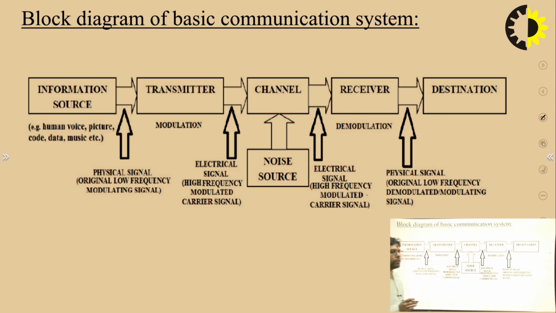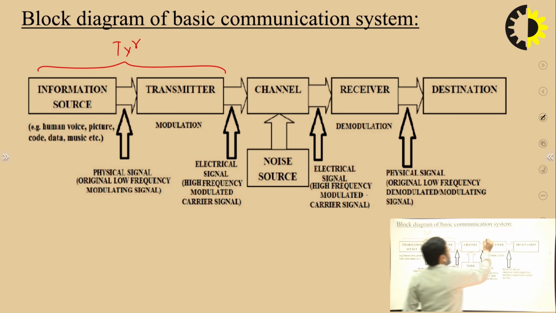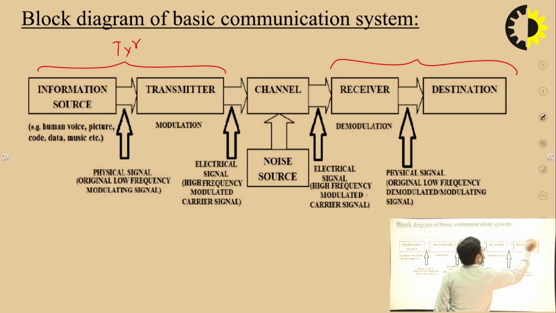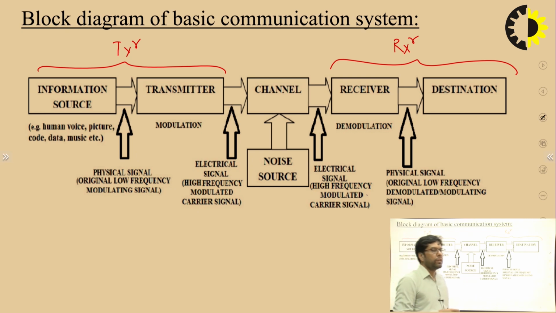In short, we can say there are 3 components required for a communication system: the transmitter side, the channel, and the receiver side. We need a transmitter, channel and receiver to have communication from source to destination.